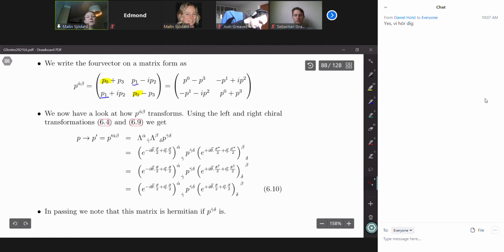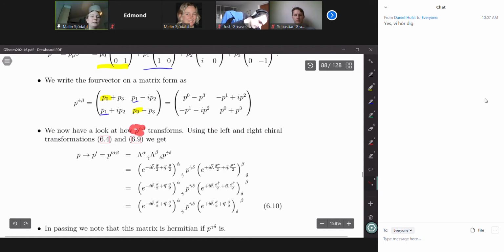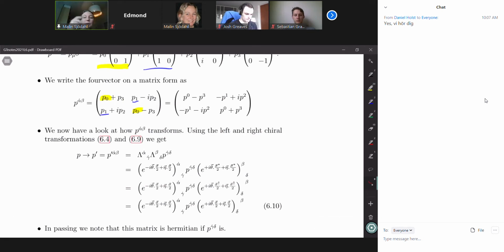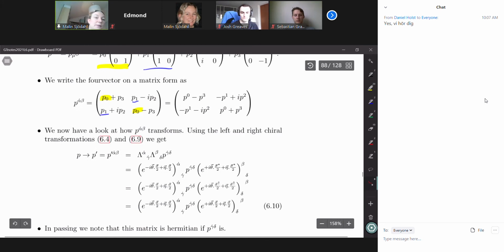Okay, so now we want to have a look at how this object transforms. This is the main task here. So to do so, we call the transformation of the indices in question. So we have here one upper dotted index that was the left, and then we have here also an upper undotted index that we achieved by complex conjugation from this upper dotted index.